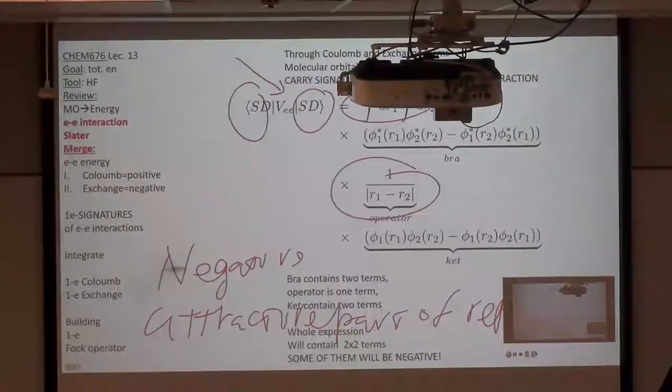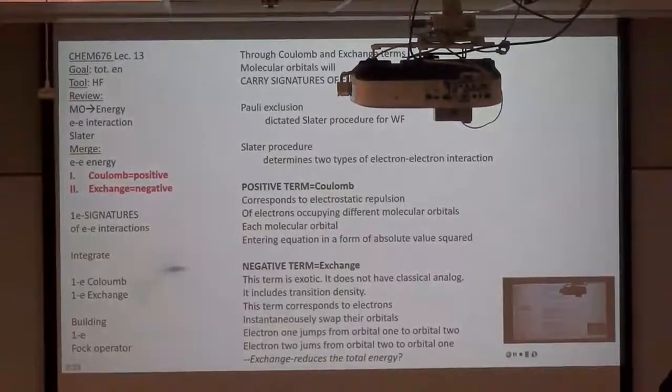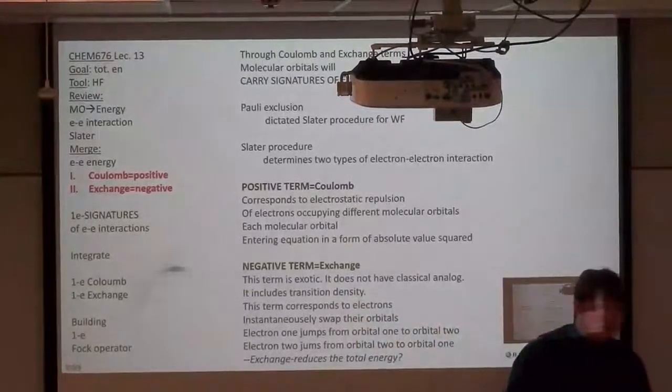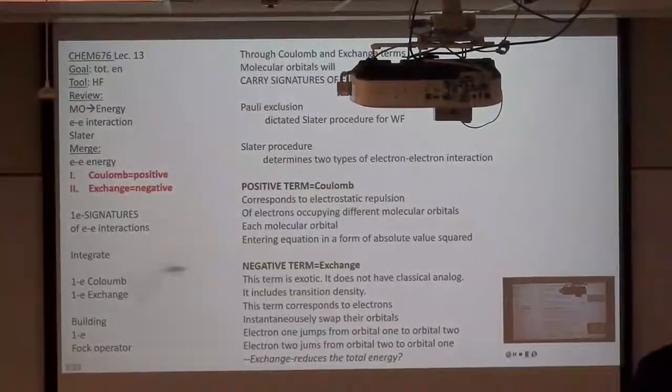And this is an important fact that describes why Hartree-Fock theory is not ideal, it gives big errors, but it is reasonable qualitatively. So positive is Coulombic repulsion, and the negative term is a counter-intuitive thing that is not available in the classical picture.